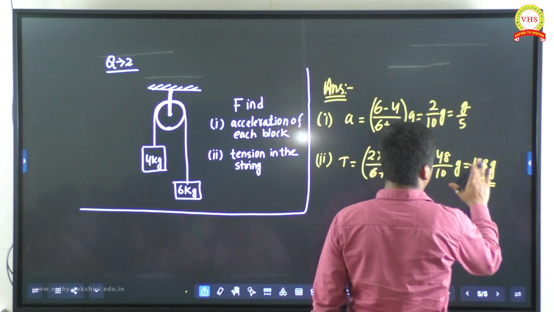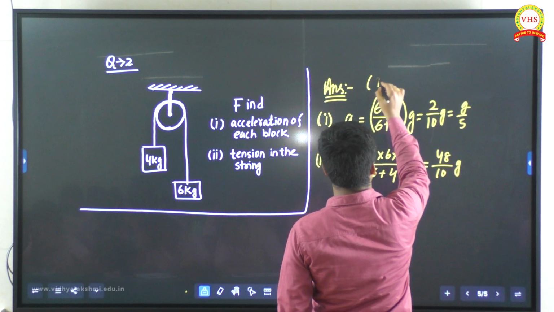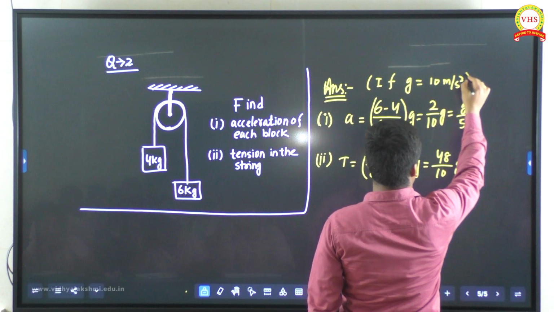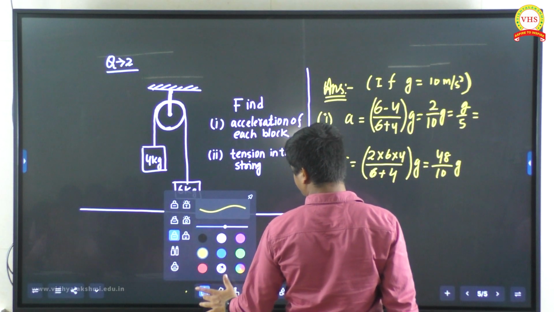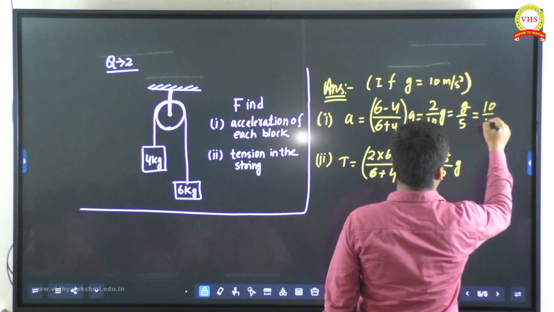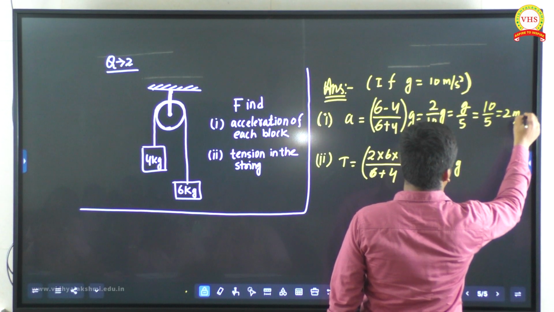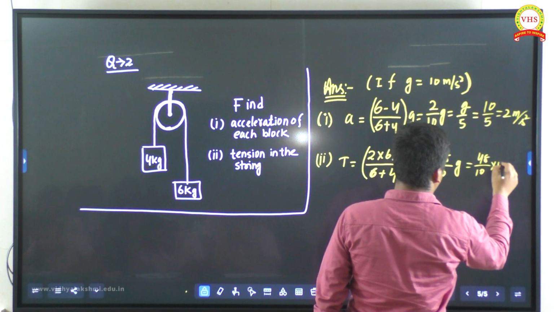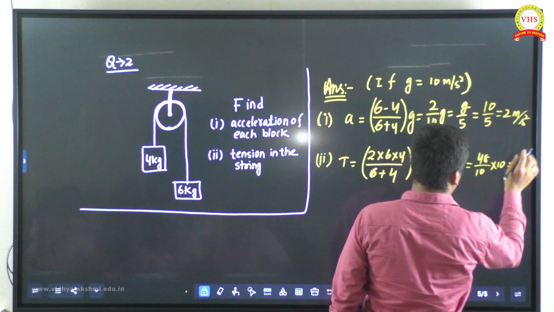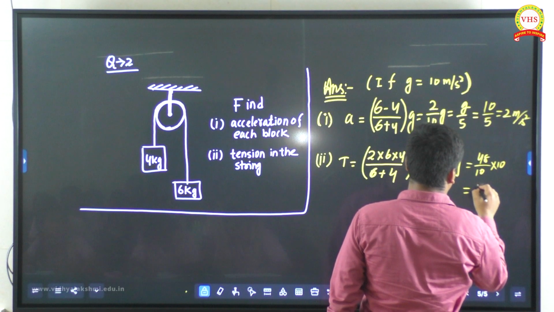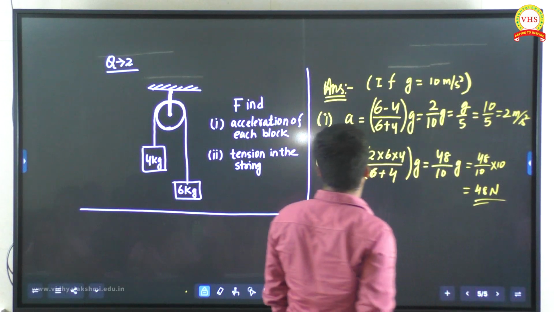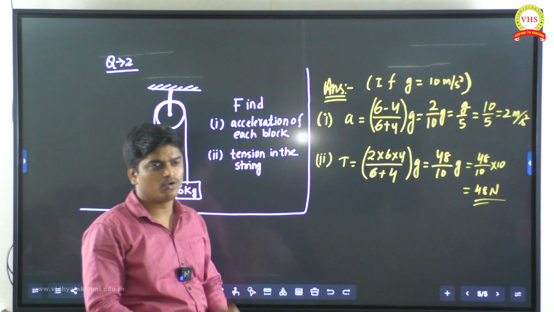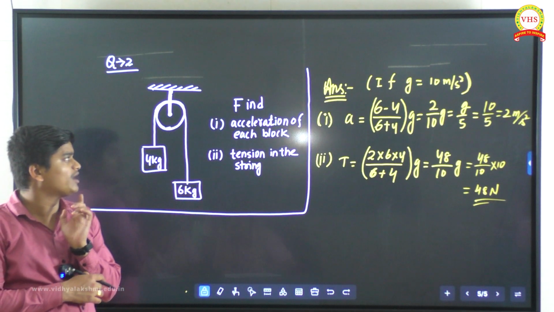So let's take G as 10 meter per second square. Then 10 by 5 equals 2 meter per second square. And here 48 by 10 into 10 will give me 48 Newton. So this is your answer. They asked for acceleration and tension, and you got it like this. Yes or no? If any question is given like this, just use the formula and get the answer.